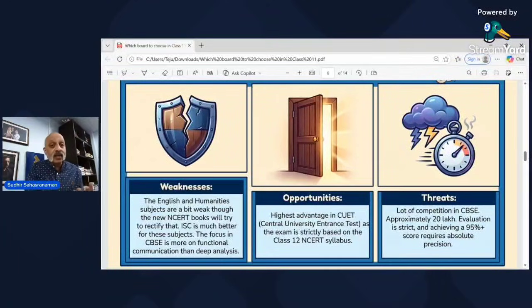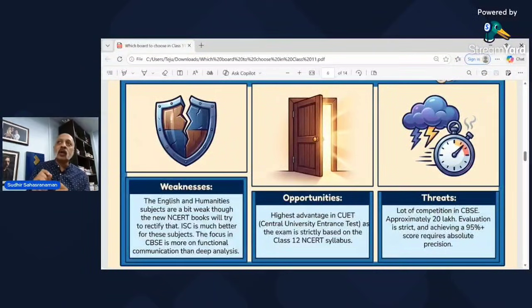I'm expecting that the NCERT books, which will roll out in a couple of years, will try to rectify that. That way, ISC is much, much better. The focus as far as CBSE in humanities subjects and in English is more on functional communication rather than deep analysis.